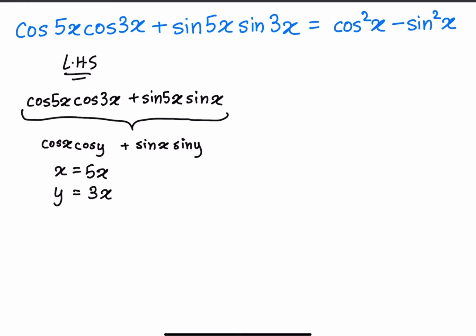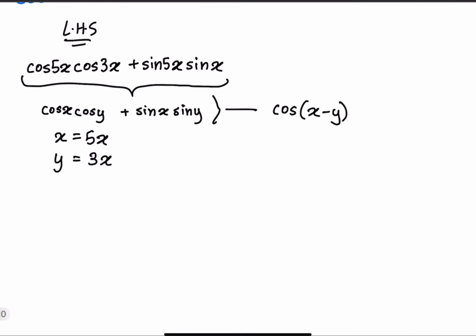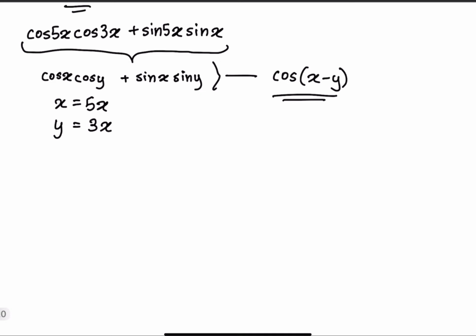If you look at this formula over here, it can be simplified and written as cos of x minus y. So that means we can write this equation as cos of x minus y. So let's go ahead and write that down. That would give us cos of 5x minus 3x, which would equal cos 2x.